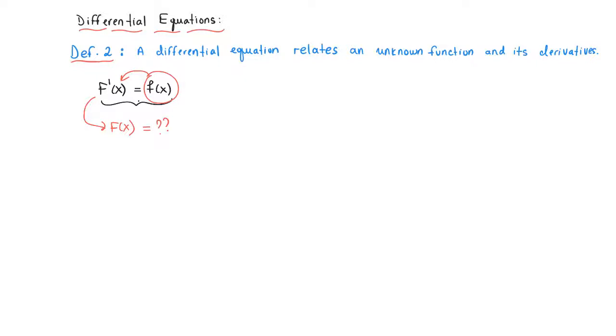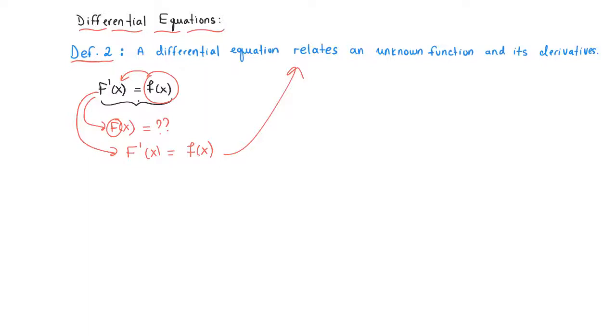However, even though big F of x is unknown, you know something about its derivative. You know that the derivative of big F is equal to little f of x. And that's what makes it a differential equation.